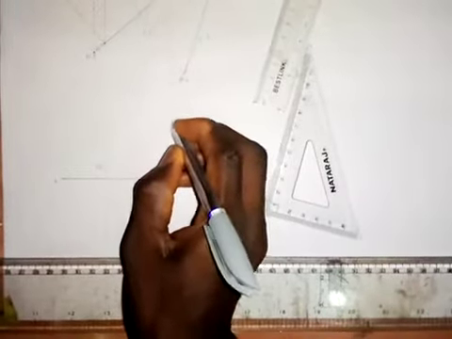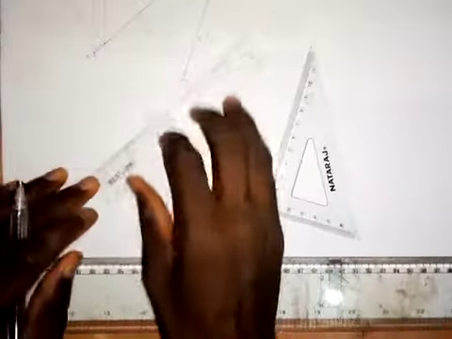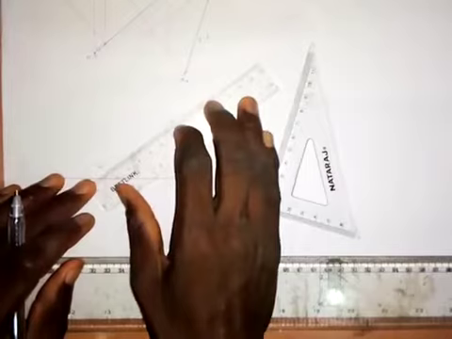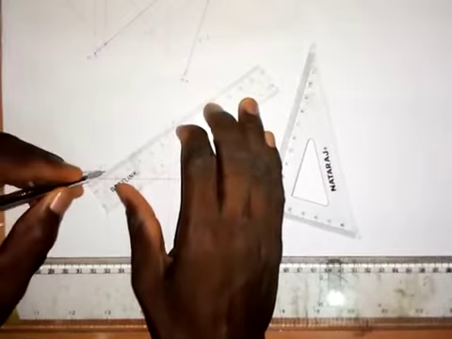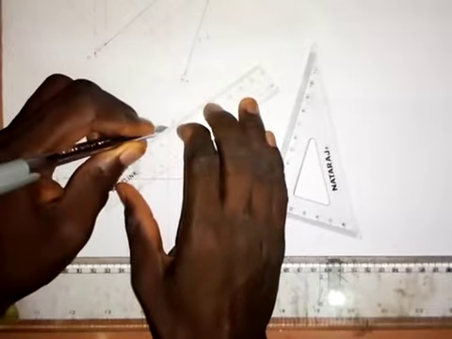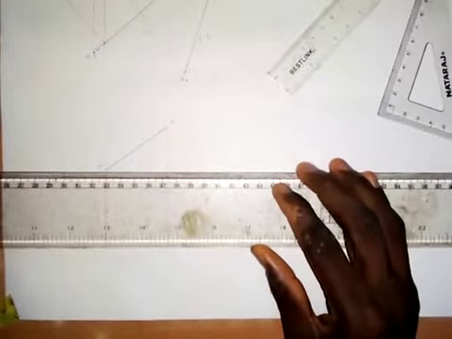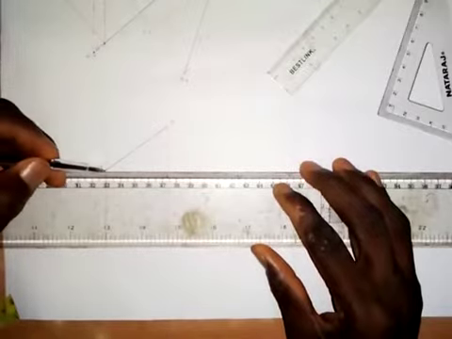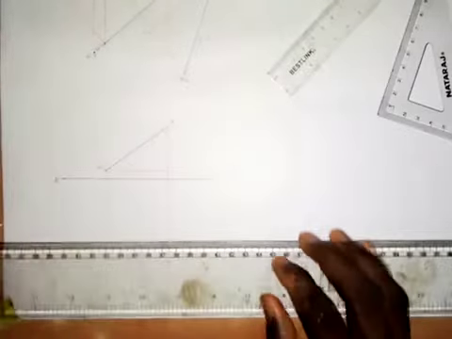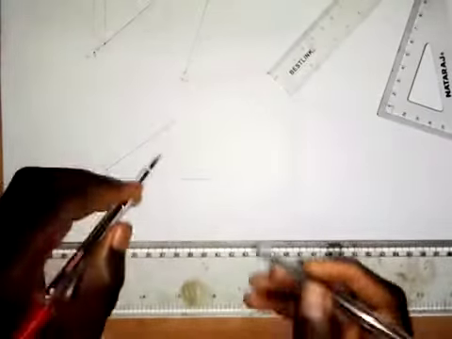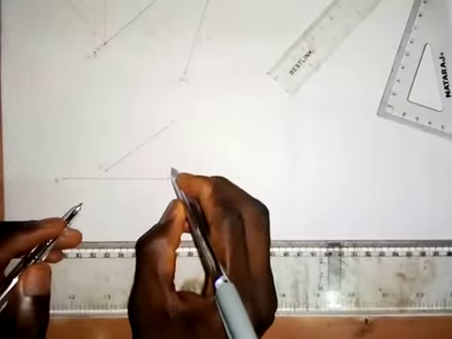So I will join A1 and B1 together to form the front elevation of the line. At the same time, I will draw a horizontal line from A1 to this point. Where this horizontal line touches this vertical line, I will call it point C1.